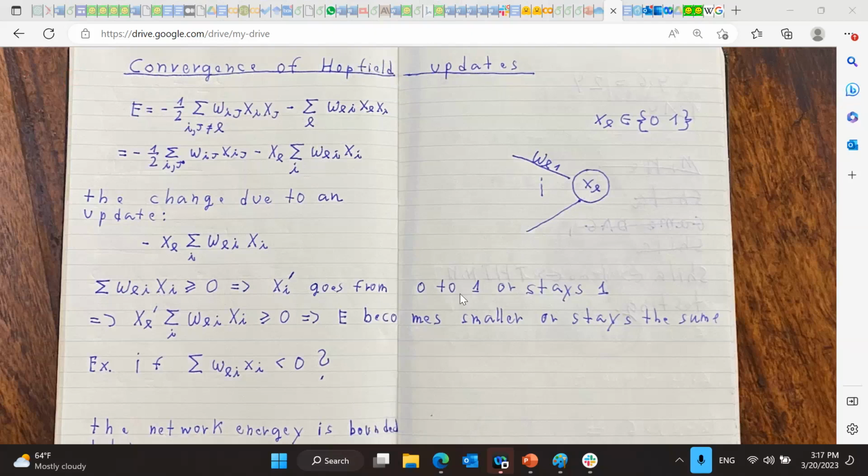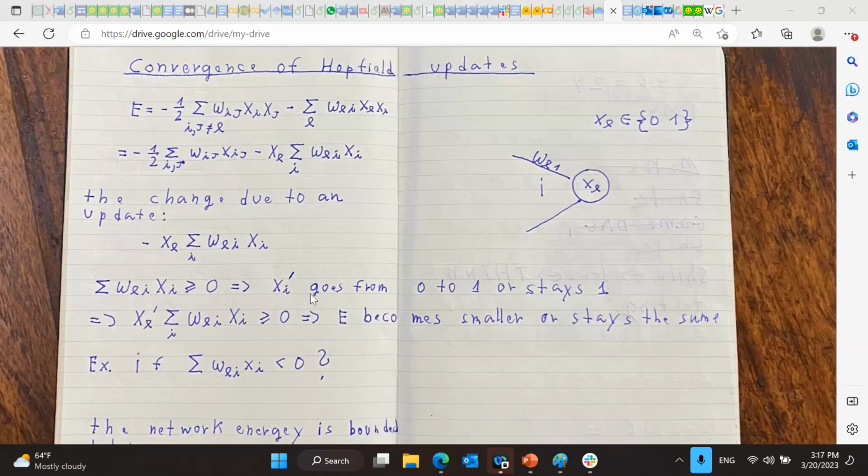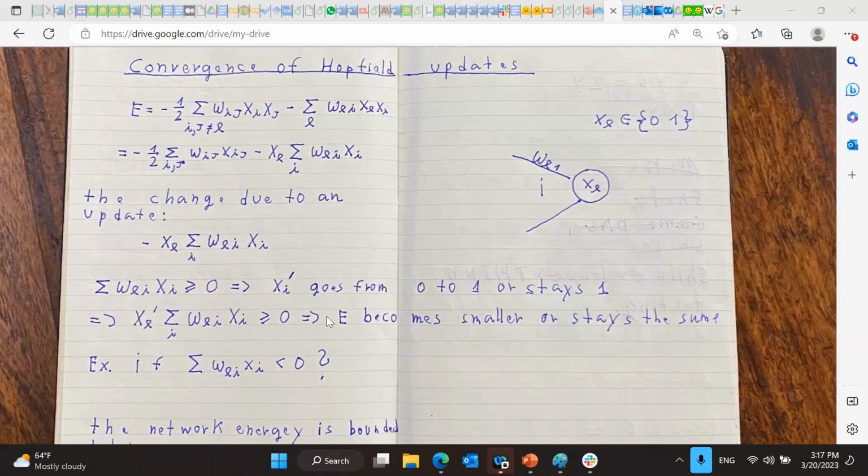If it was 1, it will stay 1. If it's equal to 0, then it will stay 0, if it was 0. In any case, it will either increase or stay the same. So the product of these two things is positive, and the energy change is negative or 0. So it decreases.